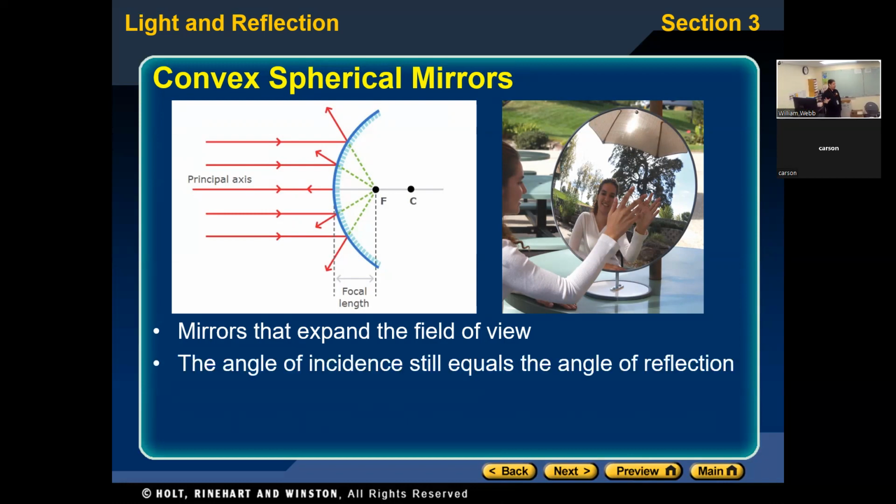But still, just like all mirrors, whether it's concave, convex, flat, plane mirror, always angle of incidence equals the angle of reflection. So we can always use that same rule. That's what we call the law of reflection. It's not just a suggestion, it's the law. When it comes in, it always reflects at the exact same angle. And it's been proven so many different ways that they're confident in calling it a scientific law.